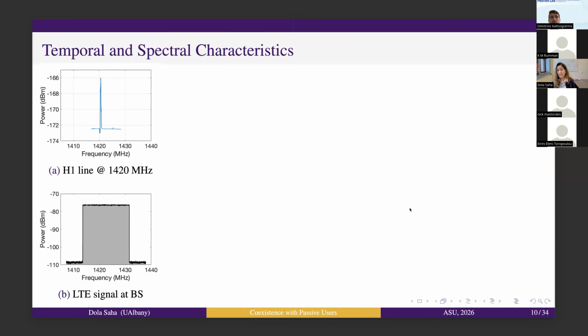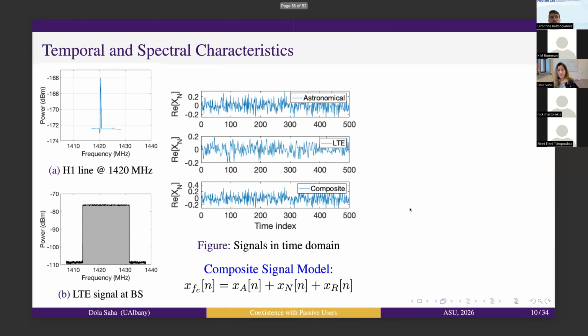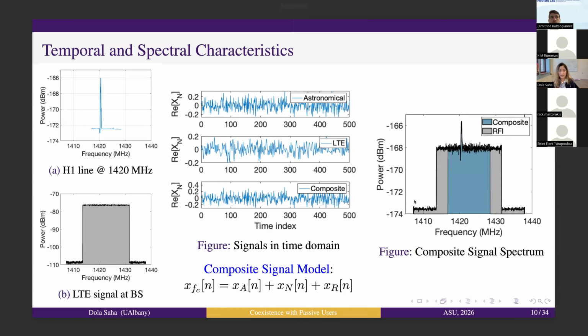So first thing is, let's take a look at how the signal looks temporally and spectrally. The H1 line is the most prominent radio astronomical signal. So we captured this signal over the air using the radio telescopes.